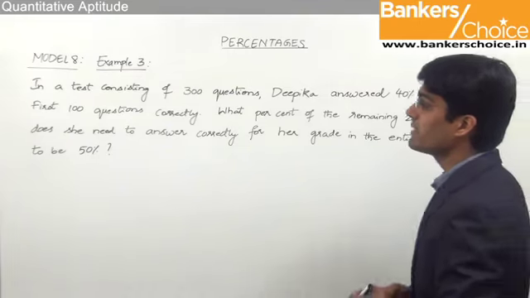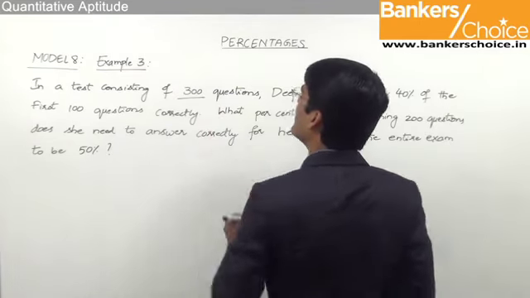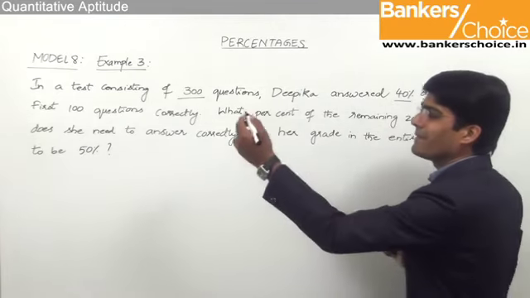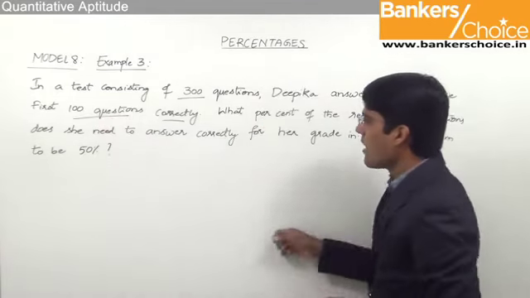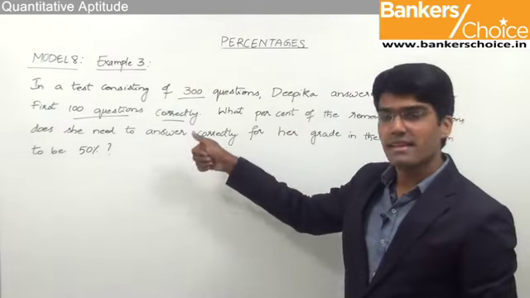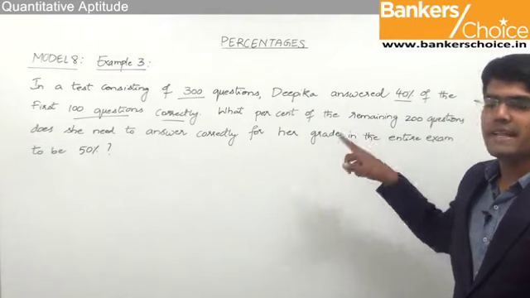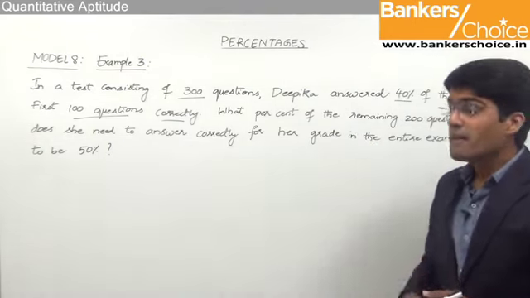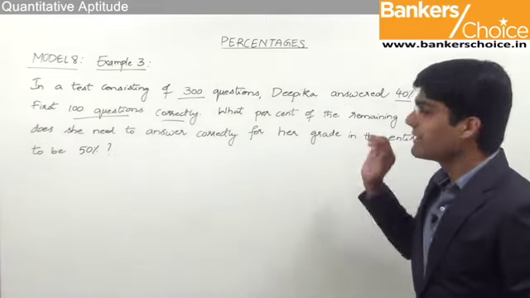So as you can see here, the total number of questions in the test are 300. Deepika has answered 40% of the first 100 questions correctly. What percent of the remaining 200 questions does she need to answer correctly for her grade in the entire exam to be 50%? That means in the overall exam, she has to answer 50% of the questions correctly.